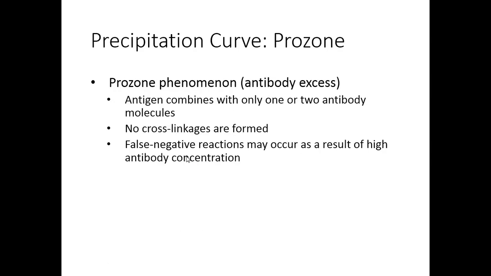If you suspect false negatives due to high antibody, believe it or not, you can make a dilution of that serum. It's a strange phenomenon, but when you make a dilution of excess antibody, the antibody dilutes out faster than the antigen.